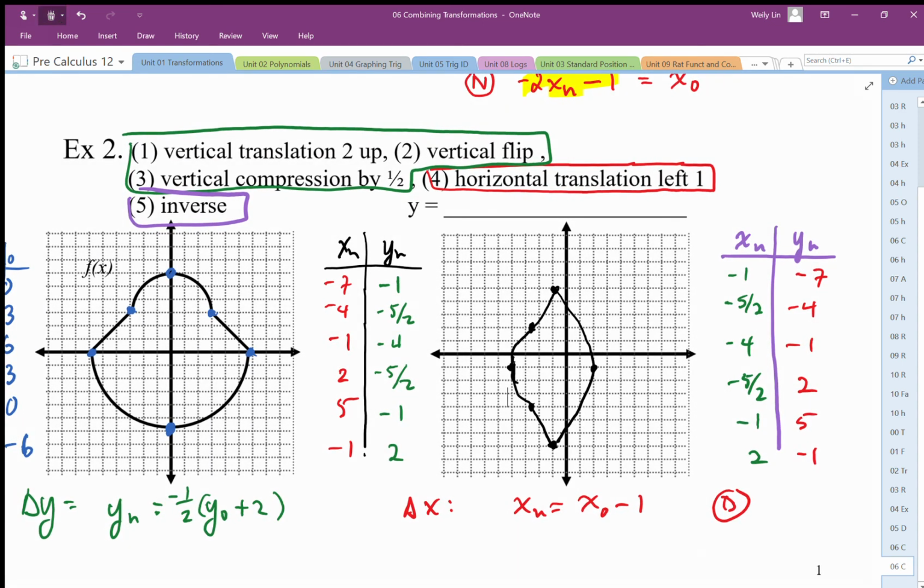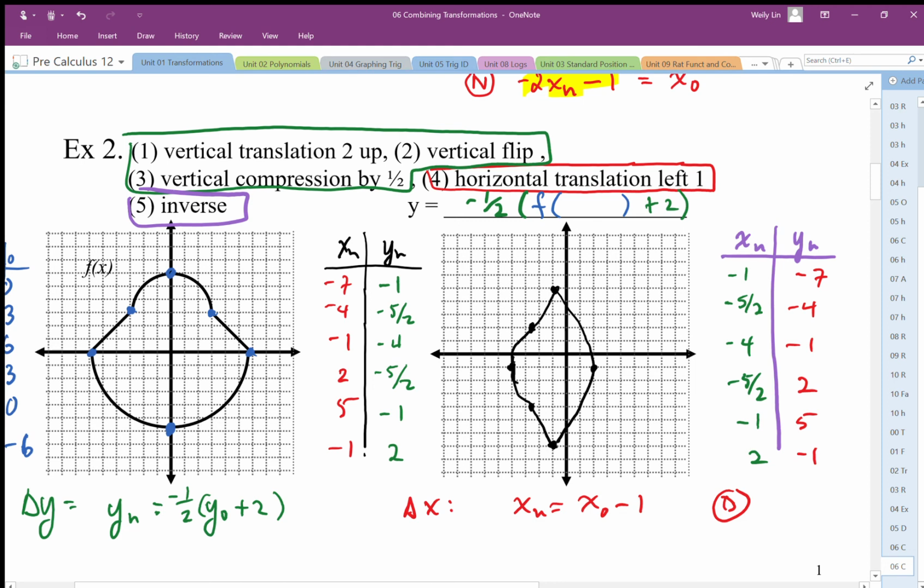Okay, so here my function notation should be 1/2 f of x, plus 2, bracket, okay, so it's going to look like that.